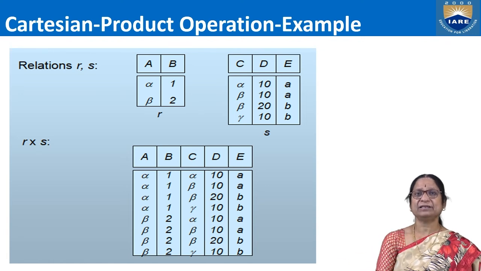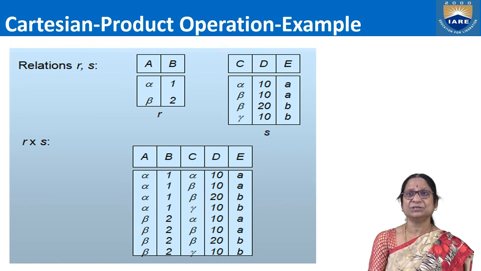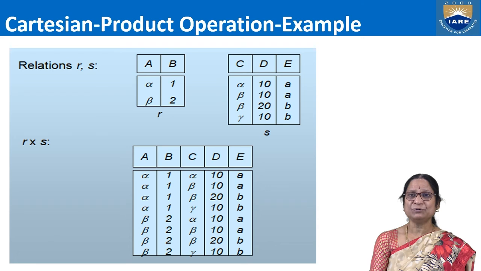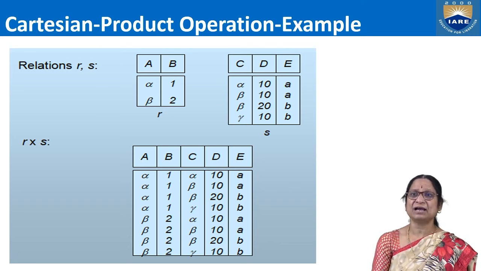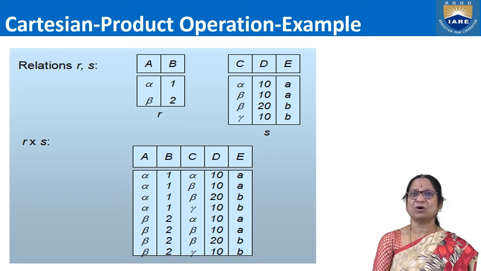The next operator in basic relational algebra operations is Cartesian product. Cartesian product means we have to map each tuple of the first relation with each tuple of the other relation, and that combination of mappings must be listed out. The output consists of all attributes of the first relation followed by all attributes of the second relation.